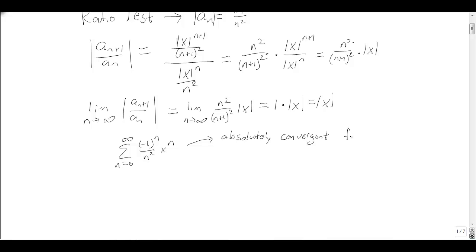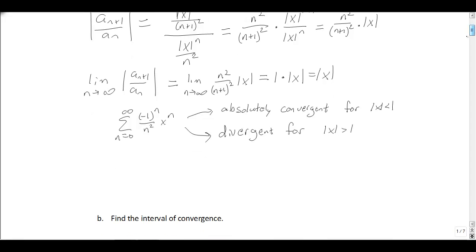So this is absolutely convergent for absolute value x less than 1. The ratio test also tells us that this series is divergent if we get a result where absolute value x is bigger than 1. So what we have here is a setup where we know, on our number line, let's just draw a number line here.